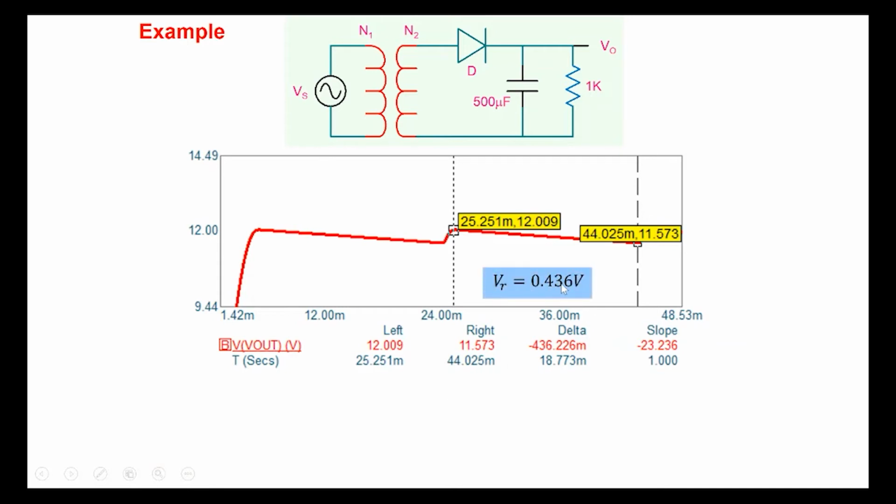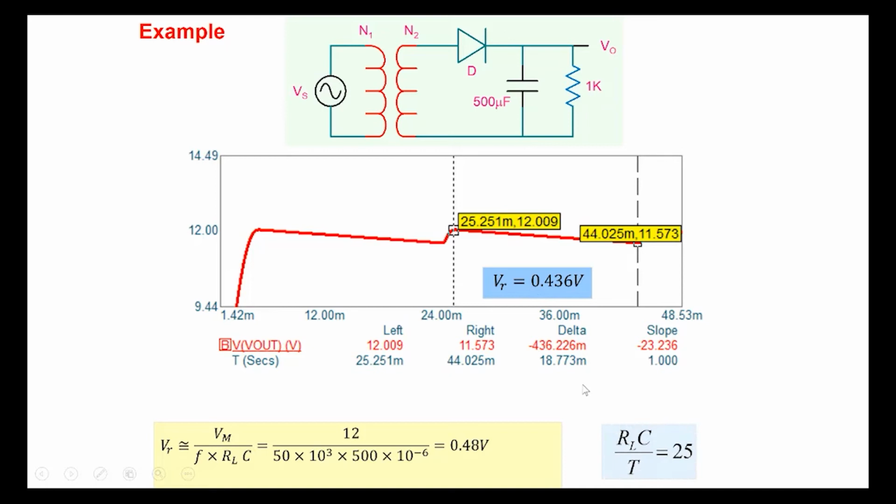It falls to 0.436; earlier it was close to 2. And our expression gives us 0.48, reasonably close to this value. So that's the way to control the ripple, basically the capacitor. And if you have freedom to choose the load resistor also, then one can play around with that too.